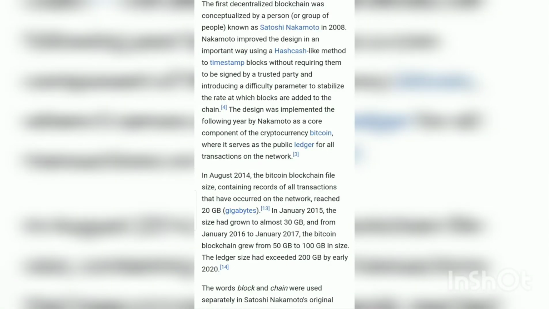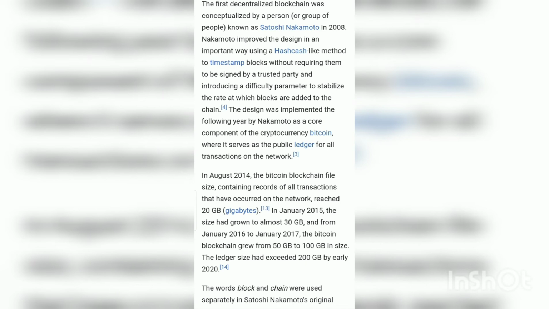The first decentralized blockchain was conceptualized by a person known as Satoshi Nakamoto in 2008. Nakamoto improved the design in an important way, using a Hashcash-like method to timestamp blocks without requiring them to be signed by a trusted party, and introducing a difficulty parameter to stabilize the rate at which blocks are added to the chain.